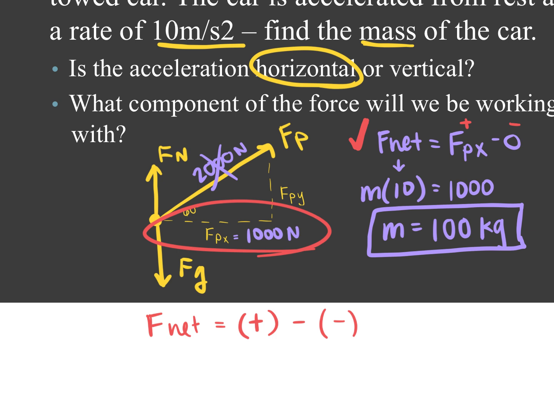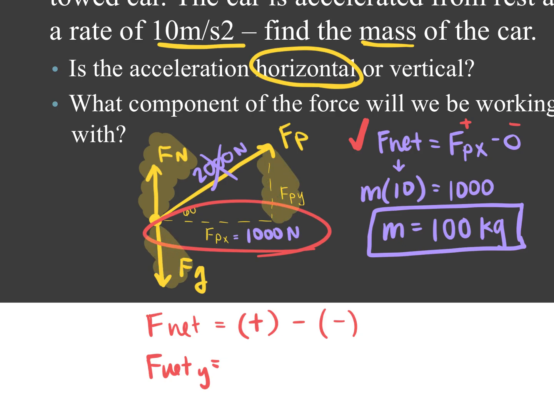So let's just look at this problem and think about if I was going to set up the net force equation for vertical, F net in the y direction, what would the equation look like? How many forces do I have in the y direction? Can you name them? How many do I have? Normal force would be 1. FPY would be 1. What would be the third one? FG.